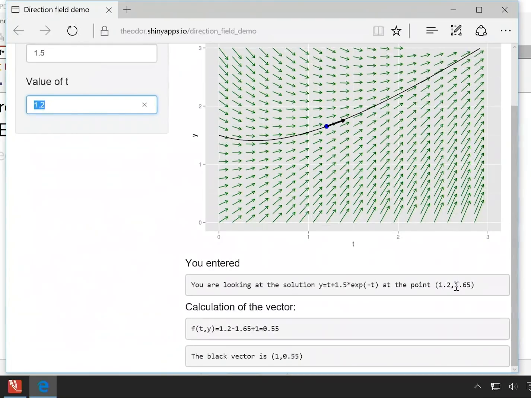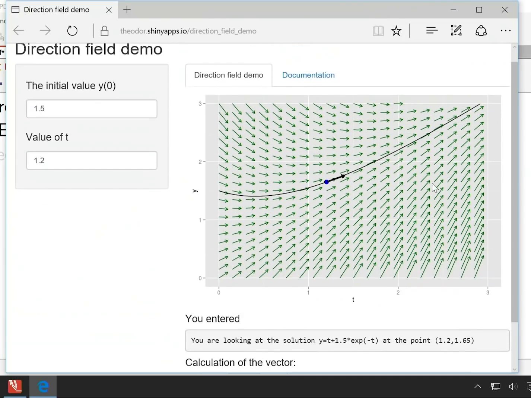Here the y coordinate of the blue point is 1.65, and the y coordinate of the black vector is 1.2, which is t, minus 1.65, which is y, plus 1, and this is 0.55. So the black vector has coordinates: the first coordinate is 1 and the second coordinate is 0.55, right?